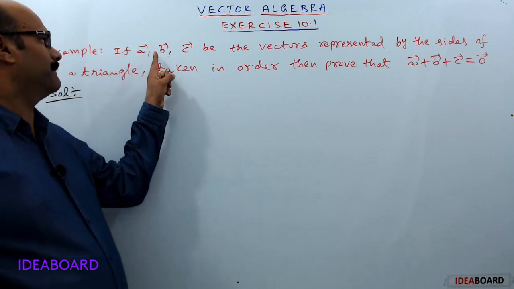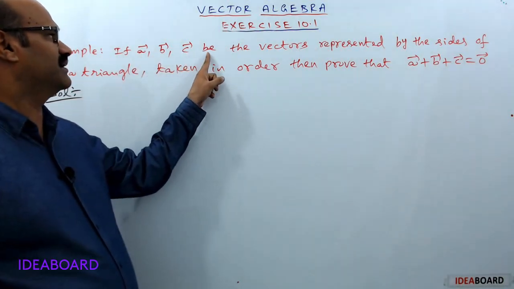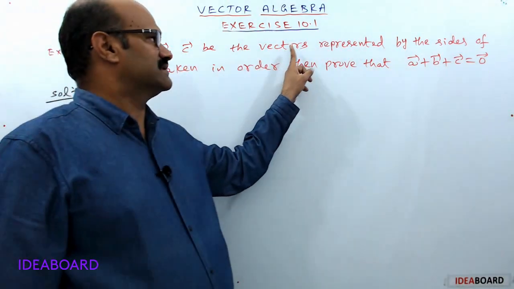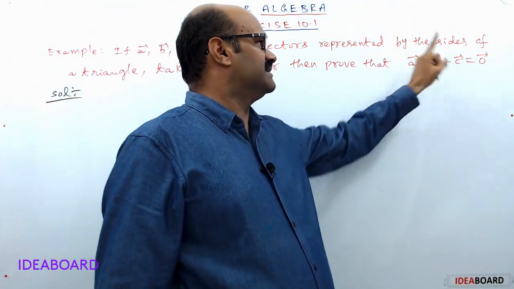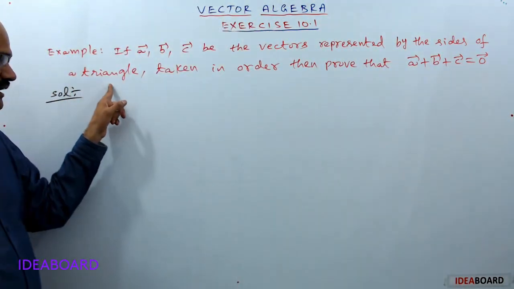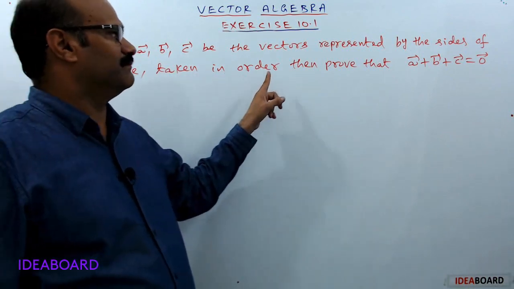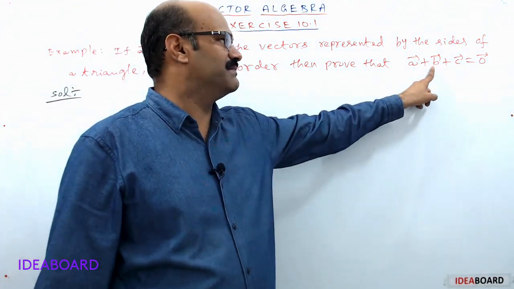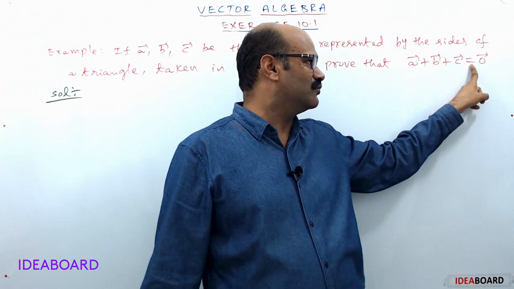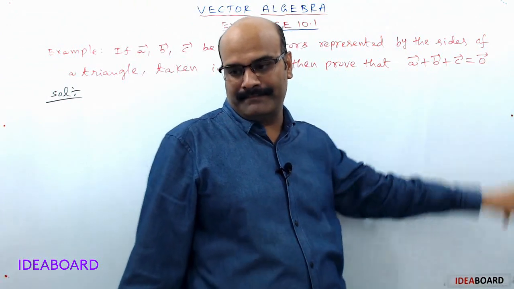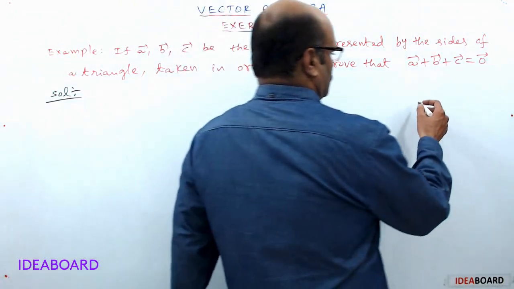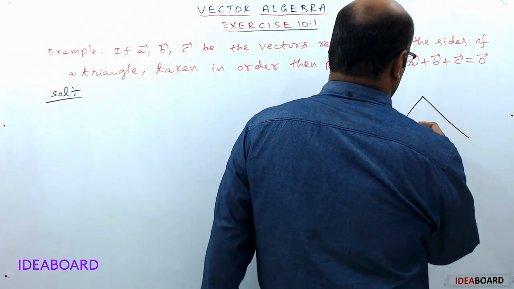Example: if A vector, B vector, and C vector are the vectors represented by the sides of a triangle taken in order, then prove that A vector plus B vector plus C vector is always equal to the null vector. Take ABC as a triangle.